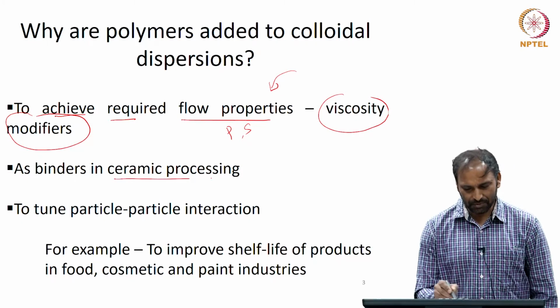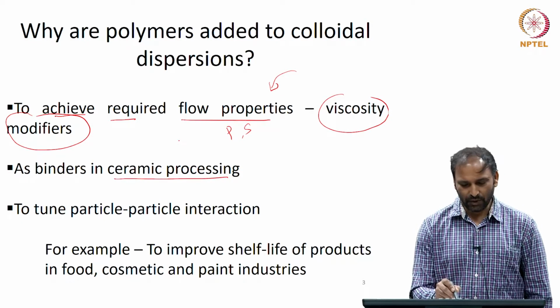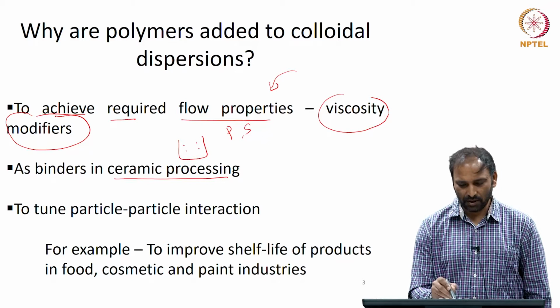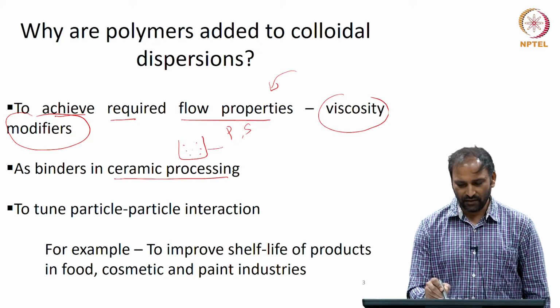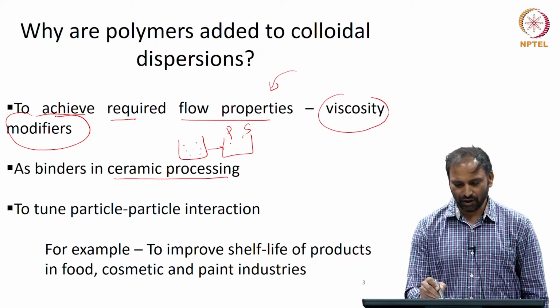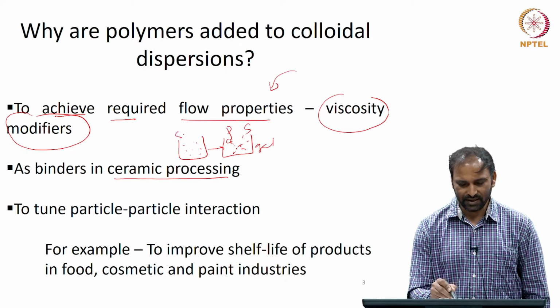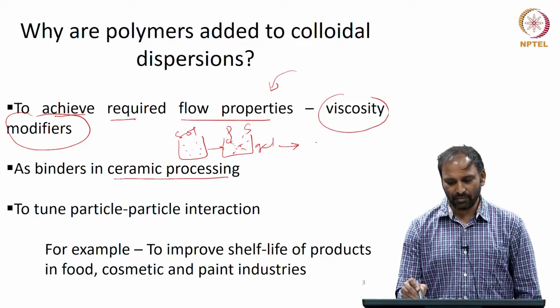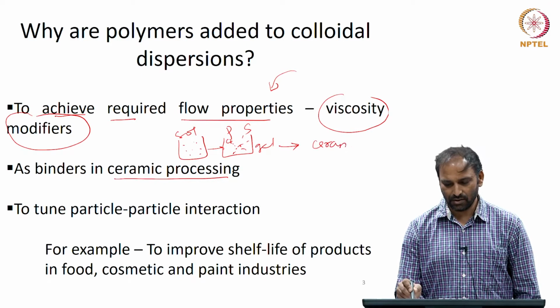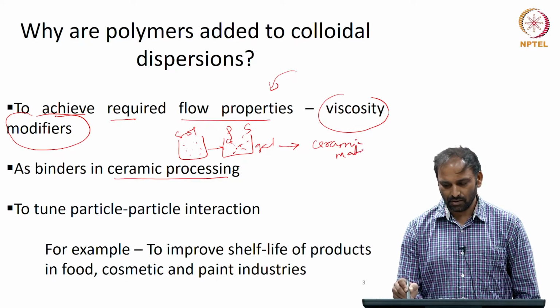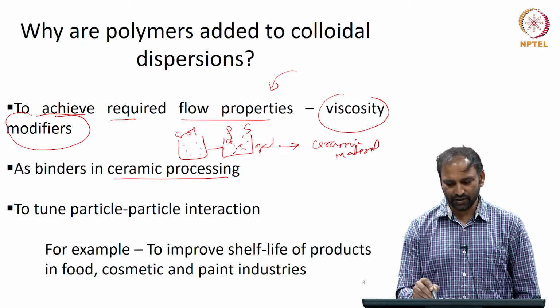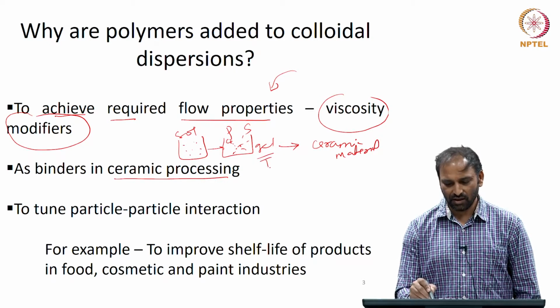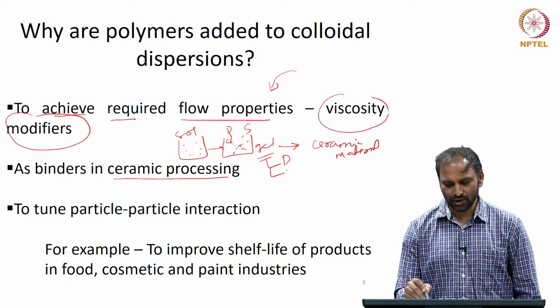We have talked about ceramic processing, wherein you start with a nice dispersion of particles, and then I mentioned that from that you can actually go to an interconnected network called a gel. I said there is a sol gel transition, and from the gel you can make ceramic materials. After you take this gel, dry it up, and then you do what is called sintering.